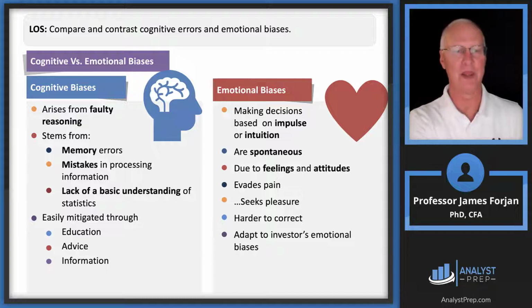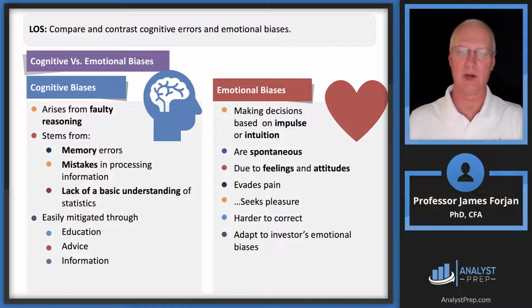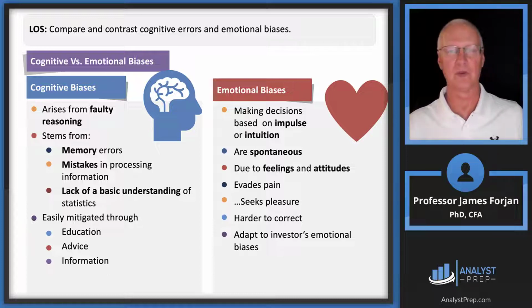I'm going to go over and join them." Mistakes in processing that information. And then, if you don't understand the Myron Gordon growth model about the relationship between dividends and growth rates and stock prices, well, then you have no business being on the floor of the New York Stock Exchange trying to add to the price discovery of that new information.